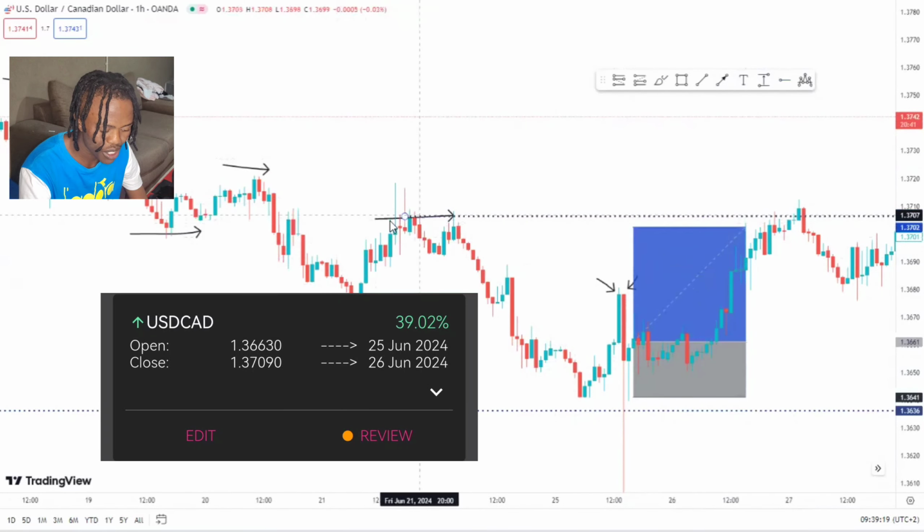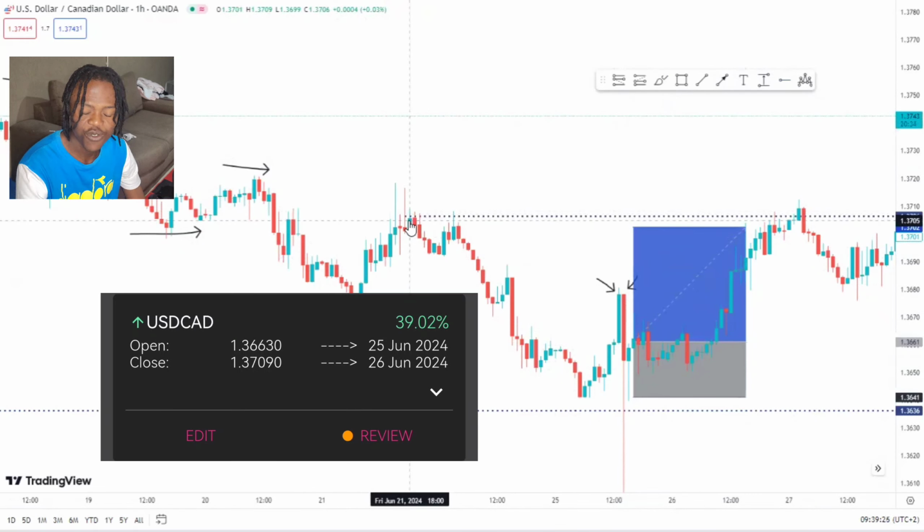We were not looking for much, not looking for less, just focusing on what's important, using price action and currency strength and currency weakness. That's how we capitalized, and that's how we took this wonderful trade.